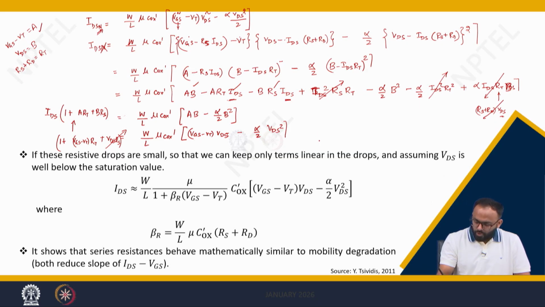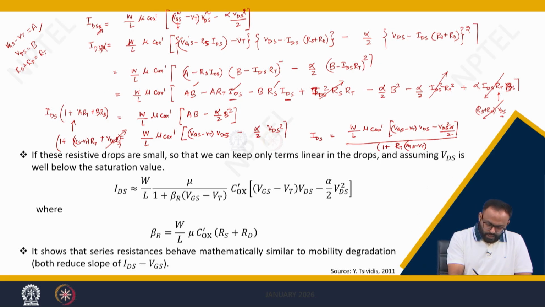So you will get the overall current equation as W divided by L into mu into COX dash (VGS minus VT) into VDS minus VDS square into alpha by 2, divided by some term which comprises 1 plus RT into (VGS minus VT). I missed one term. When you bring it to the left hand side, this will be multiplied with W by L into mu into COX dash, right.